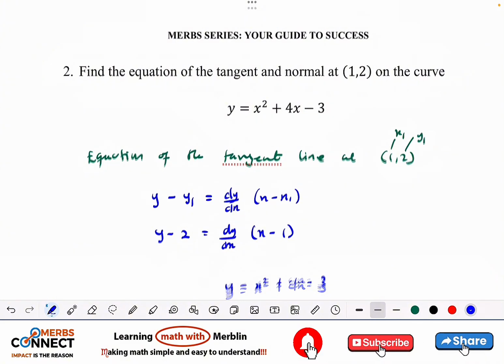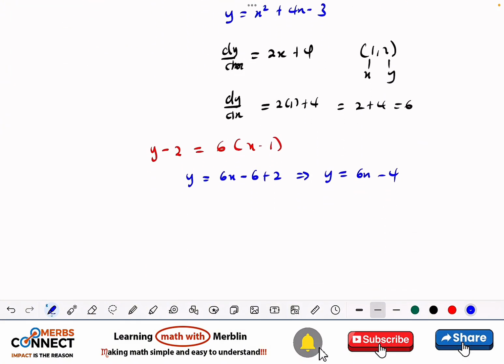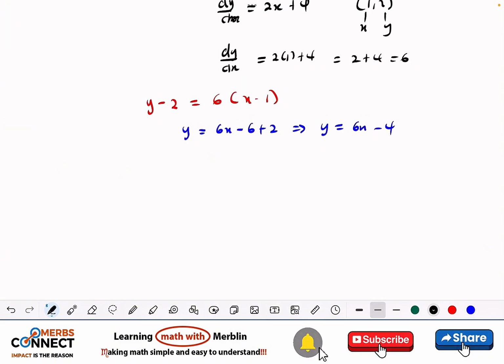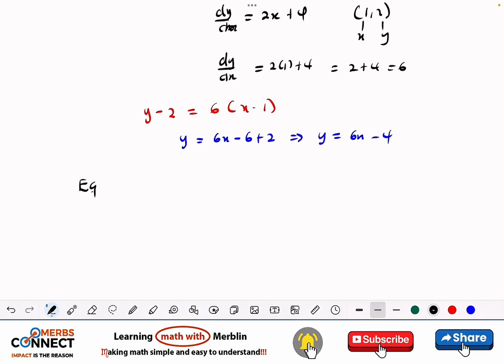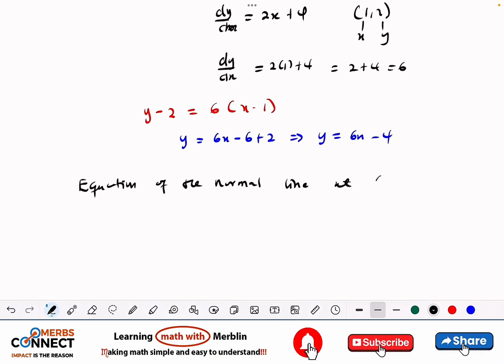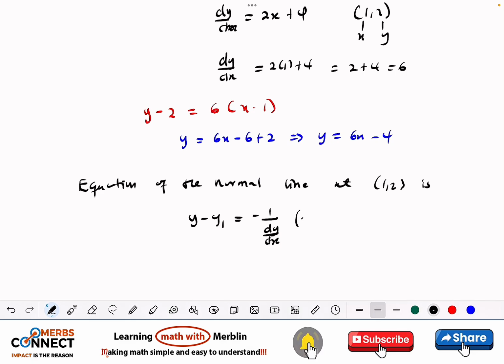Then the equation of the normal line becomes a bonus, because now all I need to do is have the same thing. The equation of the normal line at the point 1 and 2 is y minus y1, which is equal to, now here we are going to find the negative reciprocal of the slope, which is dy over dx, and then x minus x1.